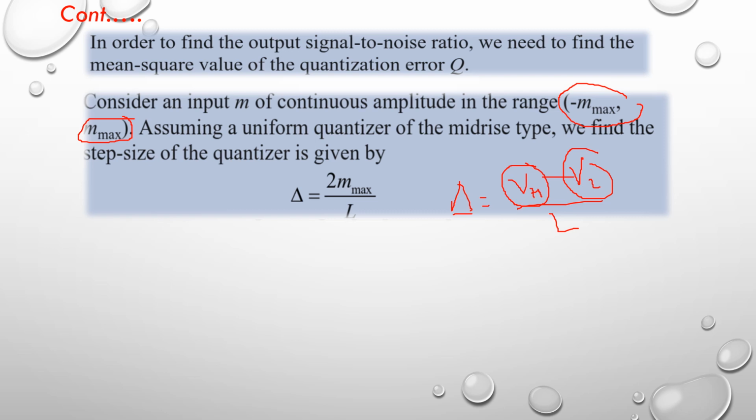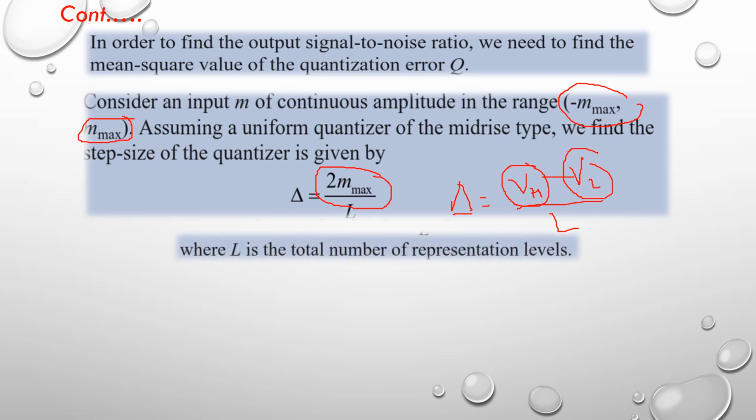So VH minus VL is equal to 2 m maximum, divided by L, where L is the total number of representation levels.